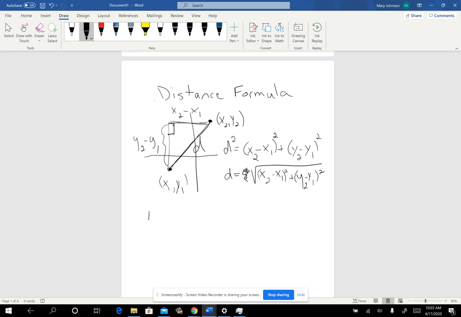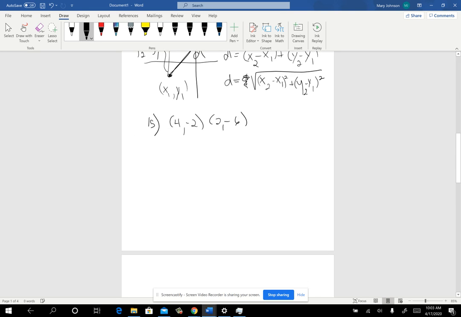So we're going to look at question number 15. On 15, they want the distance between these 2 points. So what we're going to do is plug into the formula. And the formula is very forgiving. It doesn't matter really which point's the first point or the second point. It doesn't even matter if you subtract in the same order like it did with slope, because things are getting squared right here.